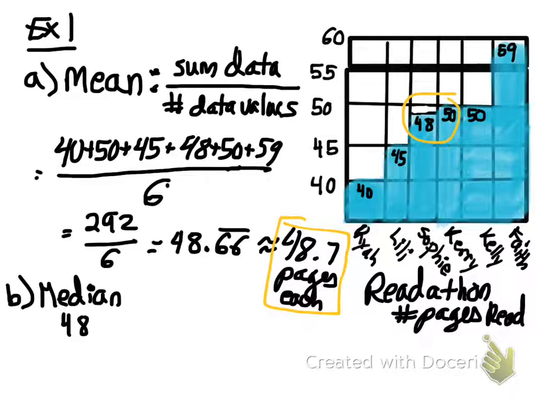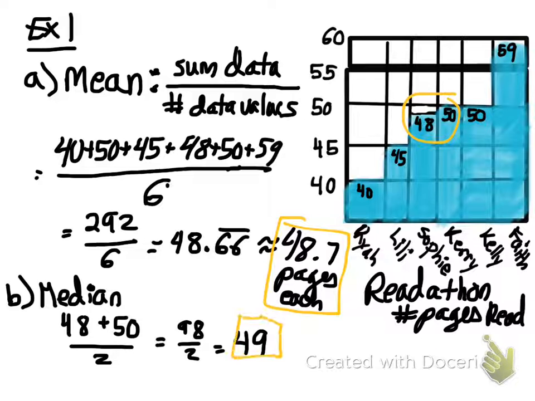I'm going to find the average of these two numbers to get one median number. 48 plus 50 equals 98, divided by 2 equals 49 as my median, or the average of the two middle numbers.